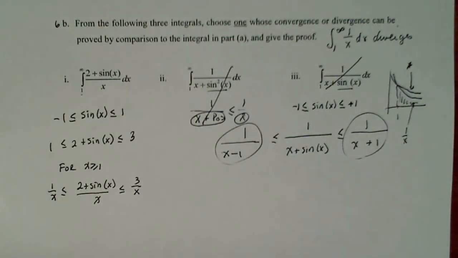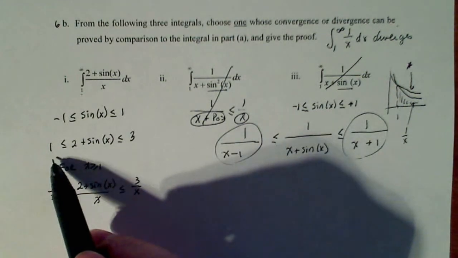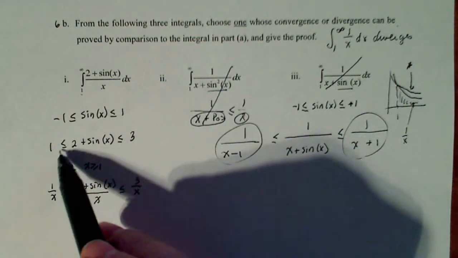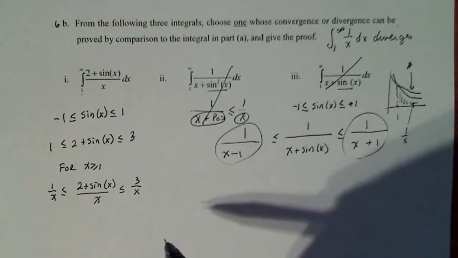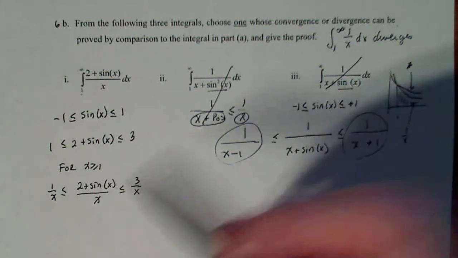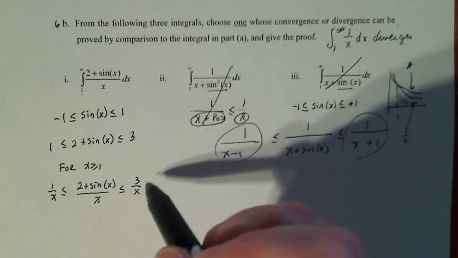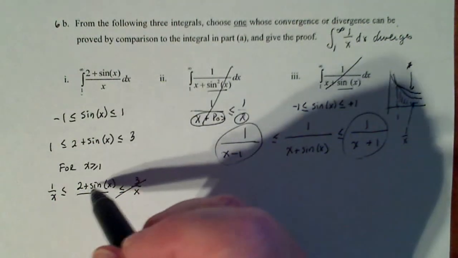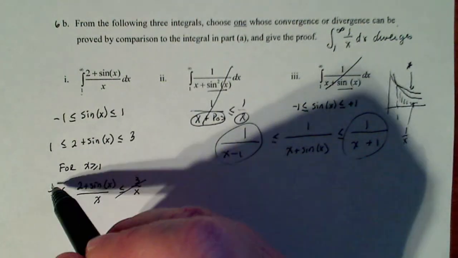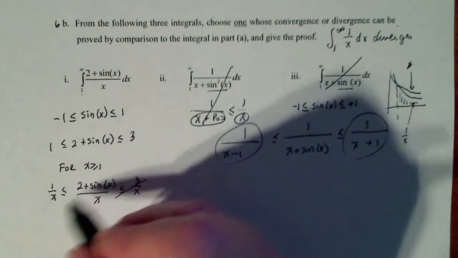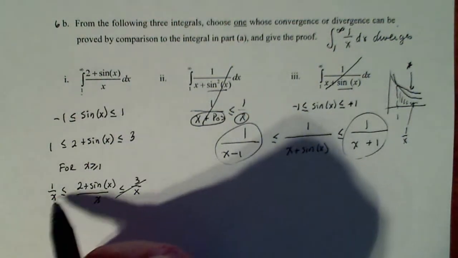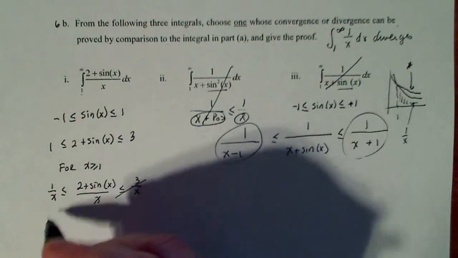Other than that, we wouldn't know what the inequalities would do. But positive x values greater than 1 will not change these inequalities. So you can see this guy over here is 3 over x, which doesn't matter. But you can see here that I can compare 2 plus sine x over x to 1 over x. And it's the appropriate one, 1 over x less than or equal to 2 plus sine x over x.